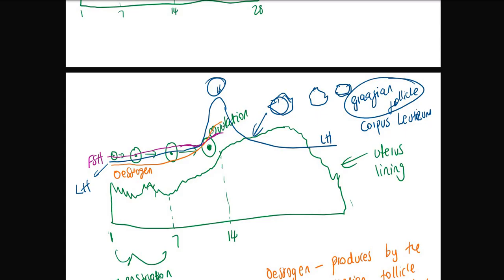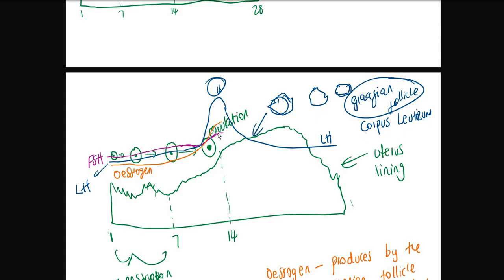So the levels of LH also become low. And one of the reasons why LH is going low like this is because we no longer have the graphene follicle. They become high to remove the egg from the graphene follicle. So once the graphene follicle is no more there, the levels of LH in the blood are gonna decrease.